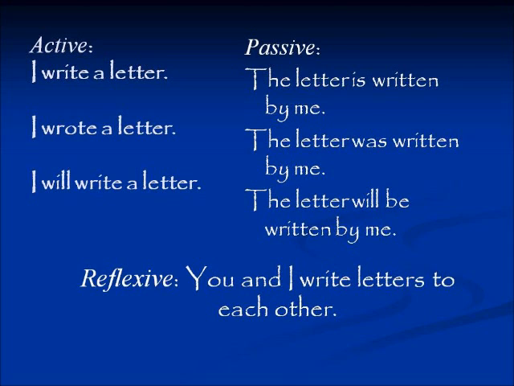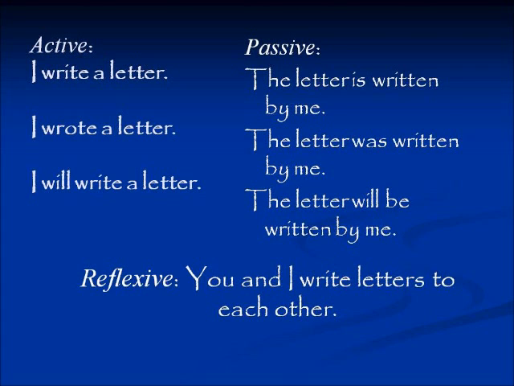And so we can see that the active and passive can occur in the present tense, in the past tense, or in the future tense. It can appear in all three tenses, the active and the passive. And the reflexive is something usually that the idea is we do to ourselves.